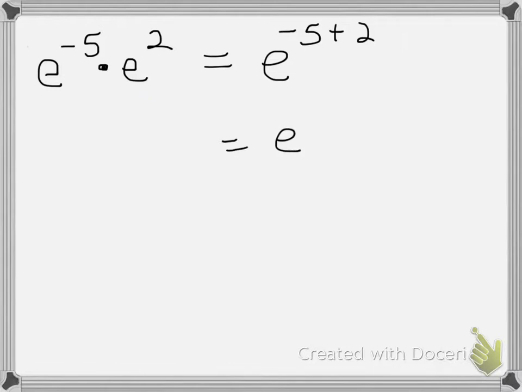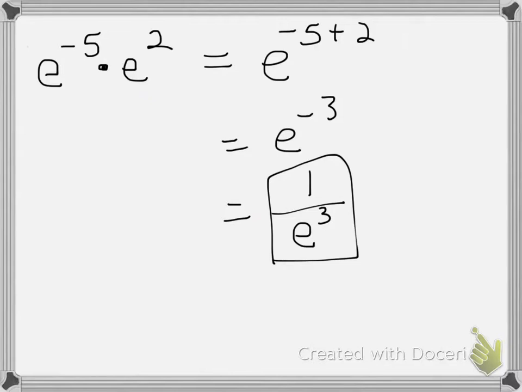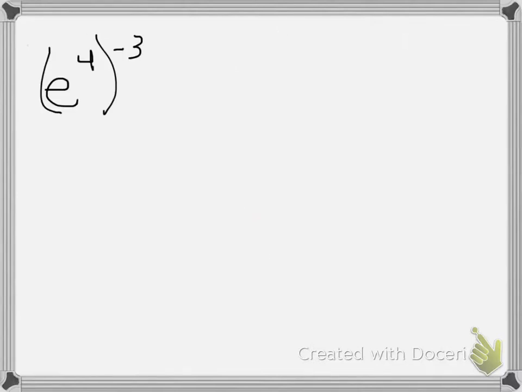That equals e to the negative 3 power, and anytime you have a negative exponent, we rewrite that exponent into the denominator. So e to the negative 3 becomes 1 over e to the positive 3. And that's the expression simplified. So notice we're just leaving e as a variable.